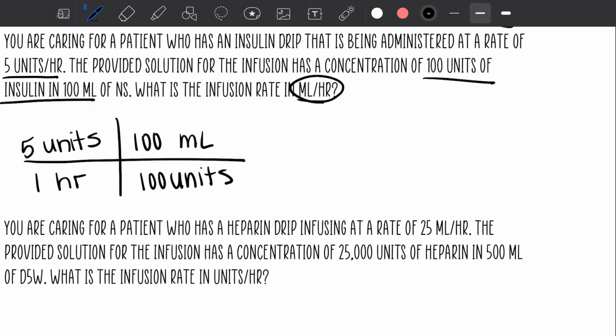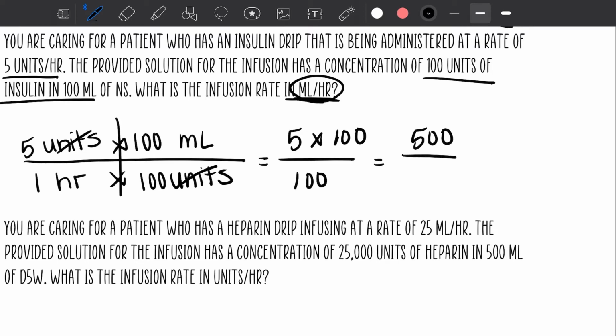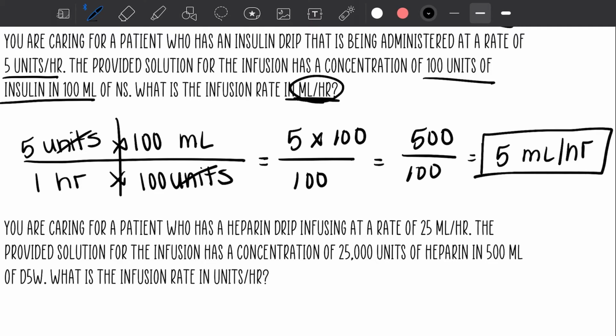Units cross out, and we're left with milliliters over hour, which is what we need. So you can multiply across the top and the bottom. So 5 times 100 divided by 100. We're going to end up with an answer of 5 milliliters an hour.